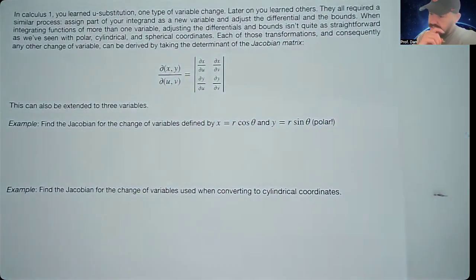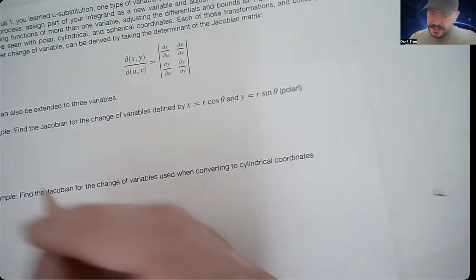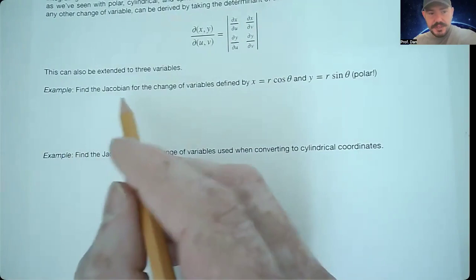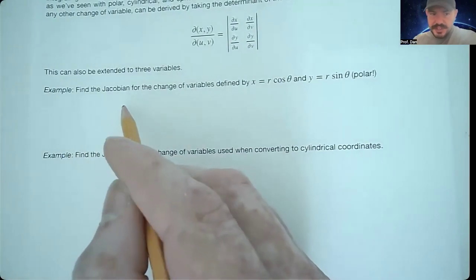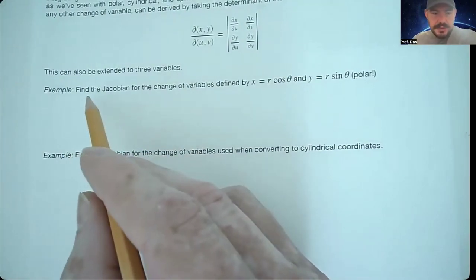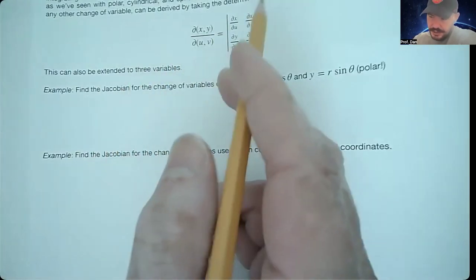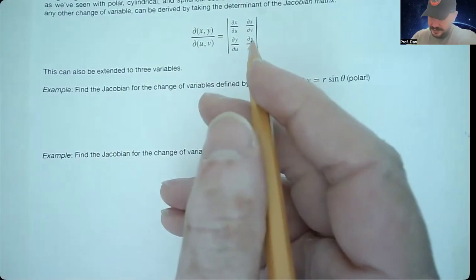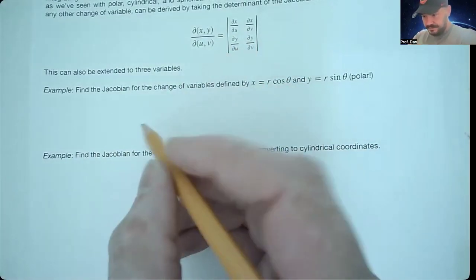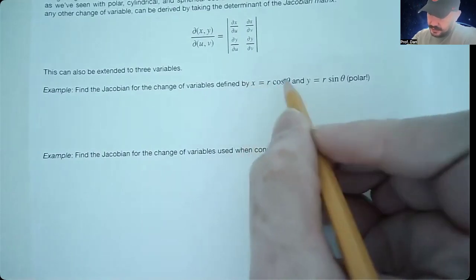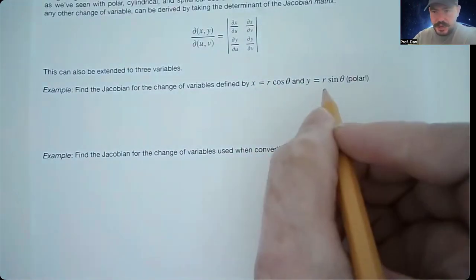To illustrate this concept and how it fits into some of the stuff you've already learned, let's look at some examples we recognize. We want to find the Jacobian, which is what we would call the determinant of the Jacobian matrix, for the change of variables defined by x equals r cosine theta and y equals r sine theta.